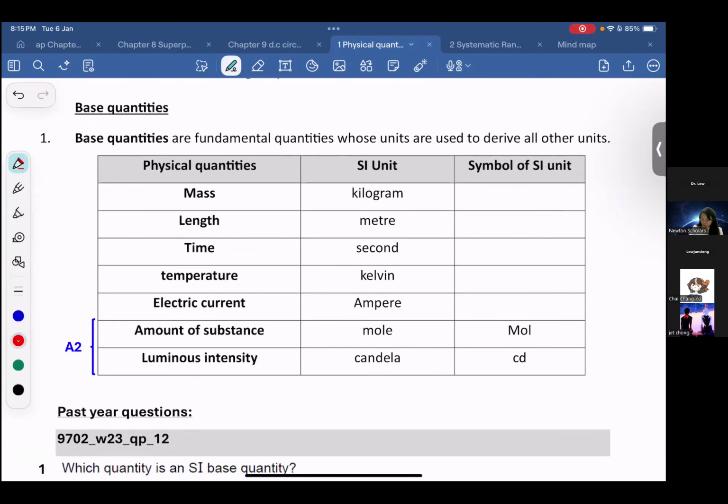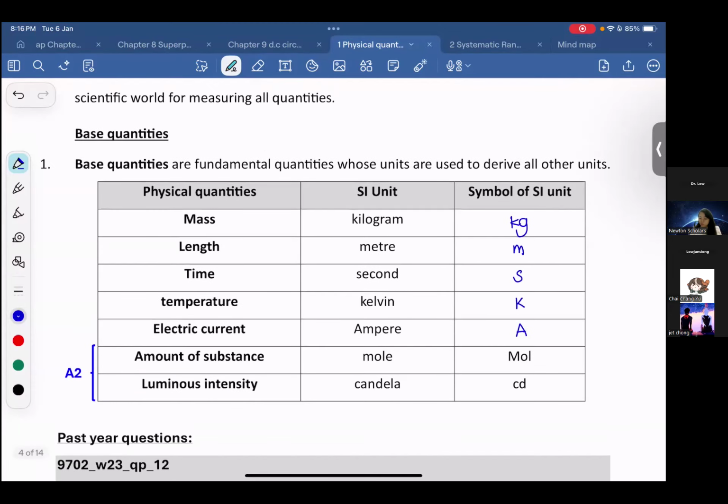The symbol for the mass unit is kg. Length is in meter, time is in second, temperature is in Kelvin, capital letter K, current is in ampere, capital letter A. The other two are in Year 13. So you need to memorize it. It's very important.